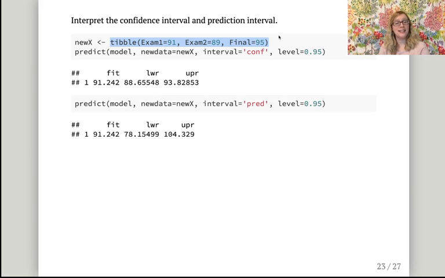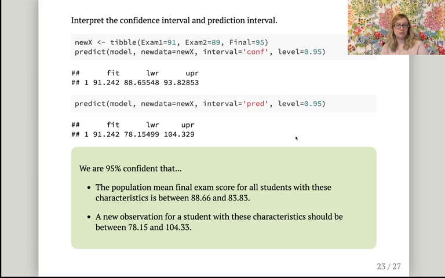It should not need to in order to make this prediction. We'll use the predict function next. So we'll write predict, we'll input our model. Our new data is new X. We can ask for either a confidence interval or a prediction interval. And here I've chosen to calculate 95% intervals.